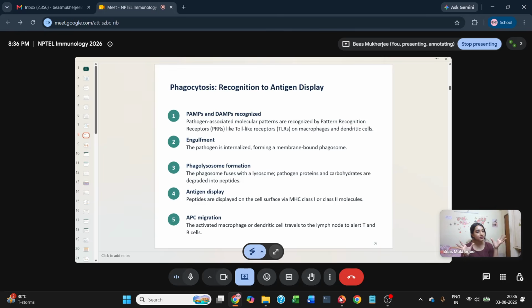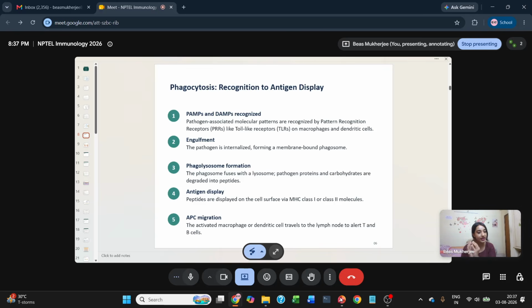Then what happens? The phagosome fuses with the lysosome and forms the phagolysosome. Then it is degraded into small peptides, bits and pieces, and then it is displayed in the form of antigen display on the surface using either MHC class 1 or MHC class 2. Then antigen presentation happens.